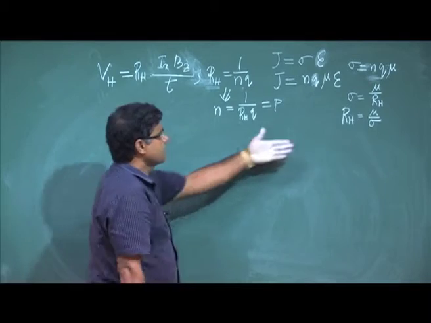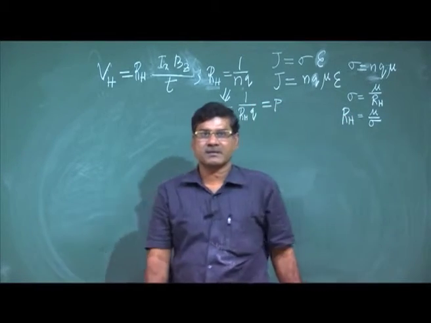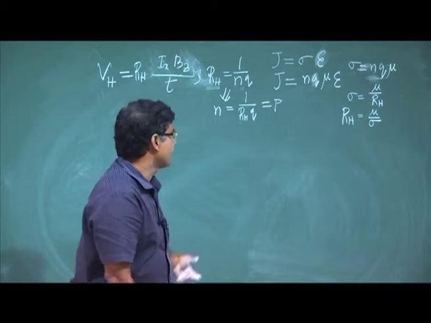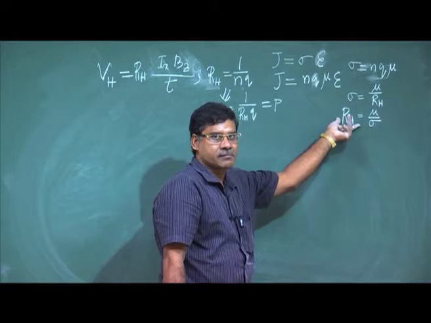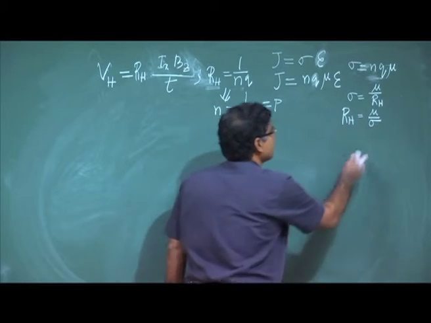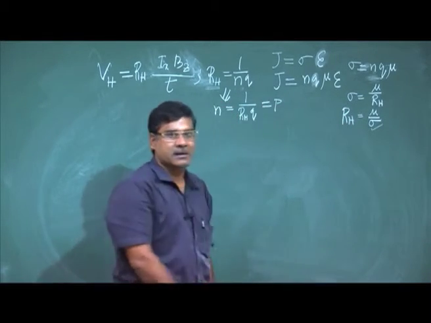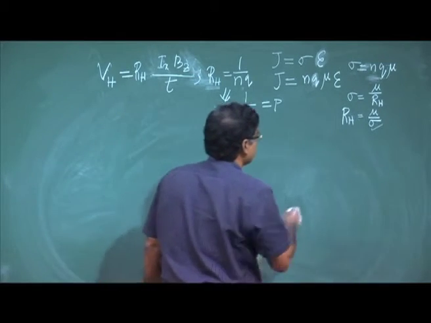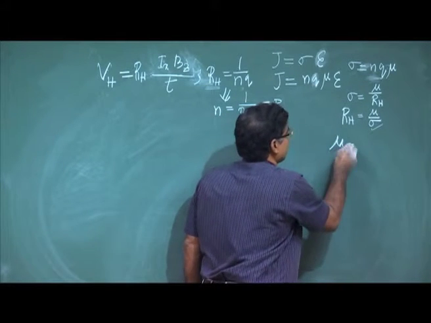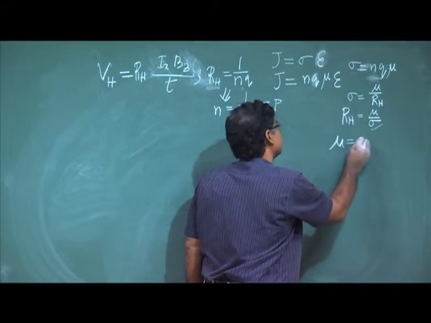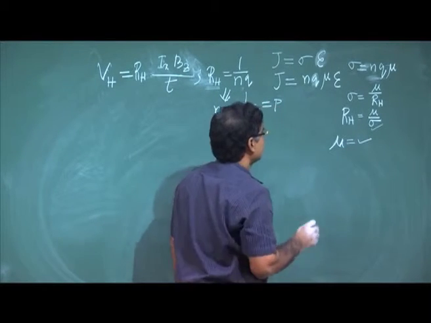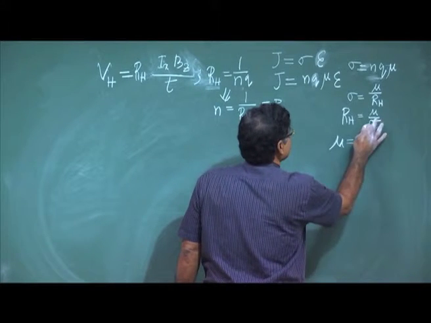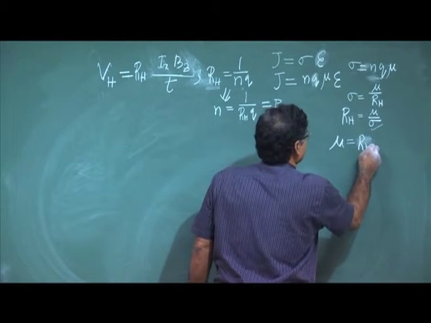So, if I determine experimentally the Hall coefficient RH, and if I can measure the conductivity of that same sample, then I will get the mu value, okay. So, that mu will be RH sigma.